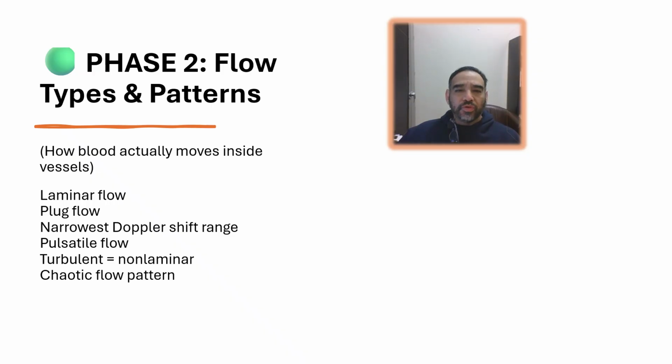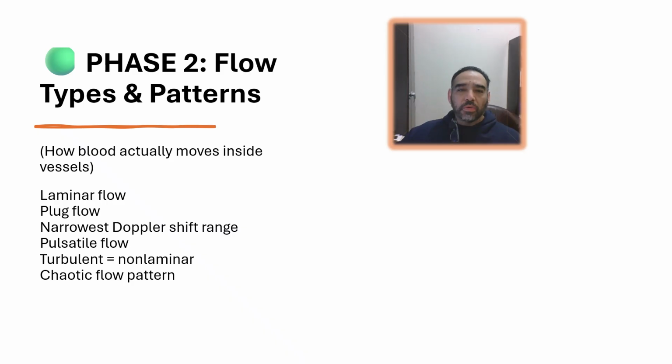Before we examine each flow pattern individually, let's frame what we're looking for. When we talk about flow types, we are really talking about how velocity is distributed within a vessel. Is the blood moving in organized layers? Is the speed the same across the lumen? Does it change during the cardiac cycle?